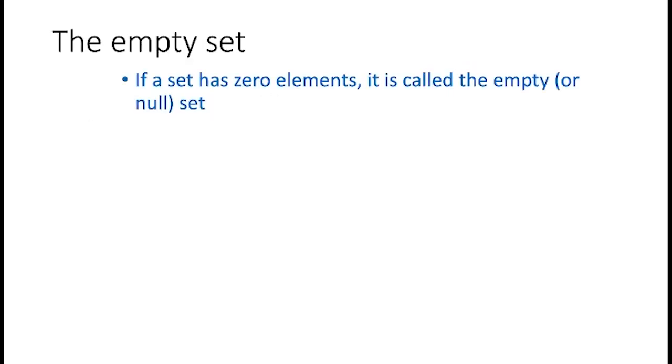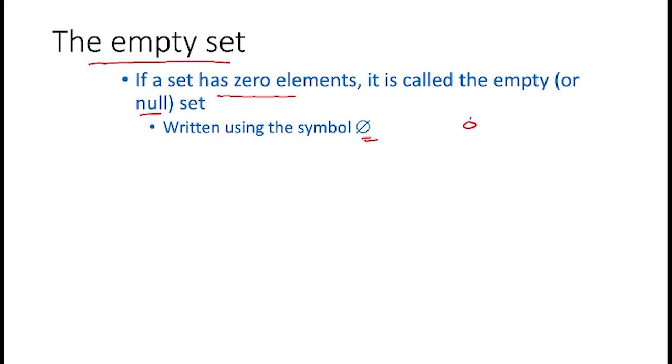So next is the empty set. By the name only we know that empty means nothingness. In set theory, if no element is there, this is known as the empty set or null set, usually denoted by phi.